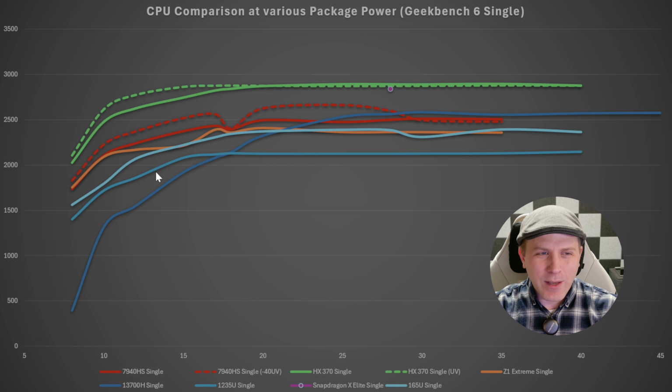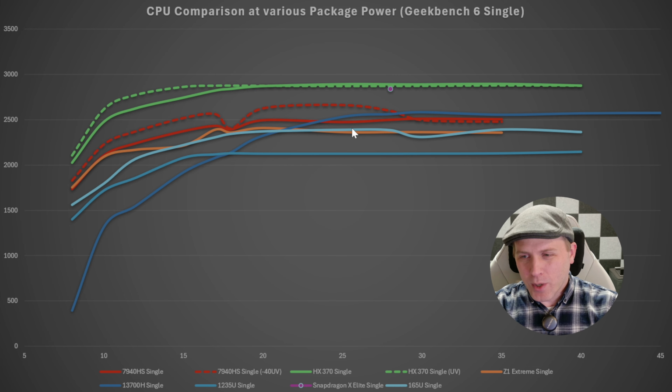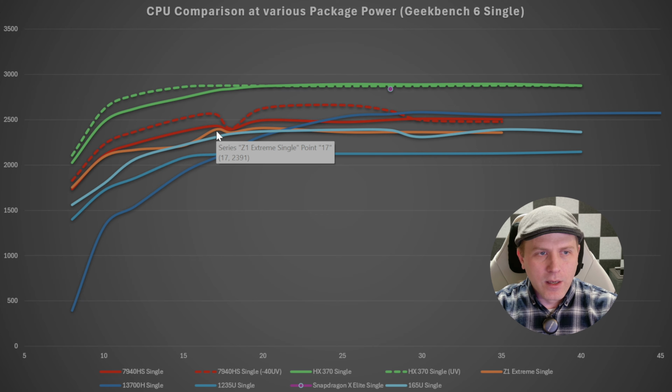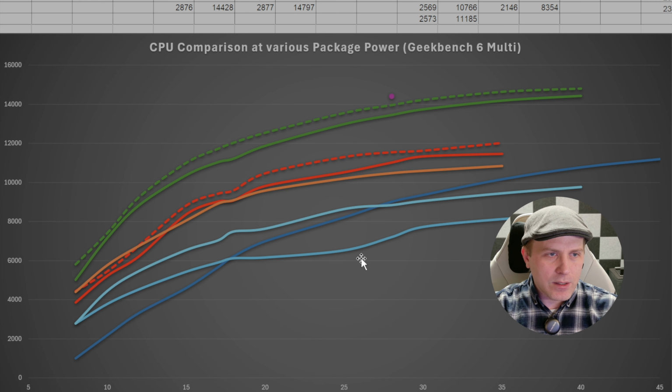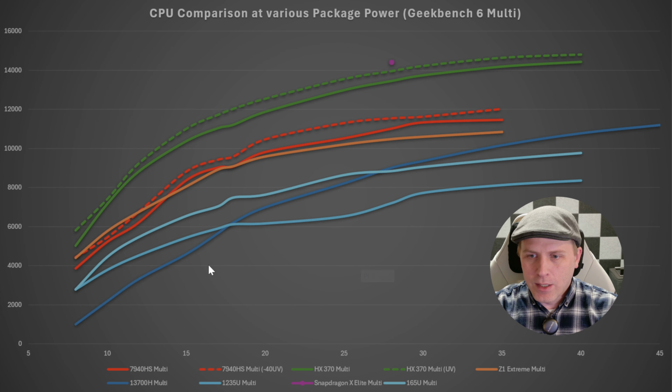It was almost on par with the Z1 Extreme in the single core test, but again, it really did not compare in the multi-core tests. Those AMD chips do so much with so little at the low end. So yeah, but let's keep going.